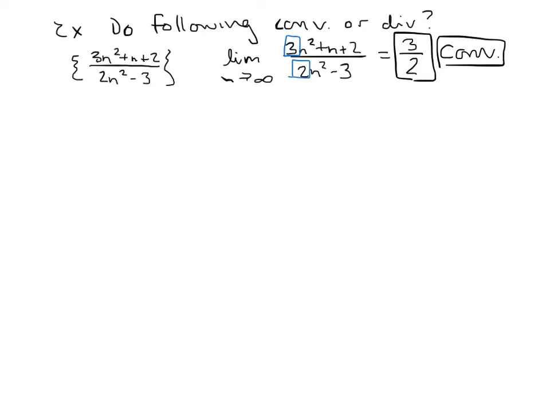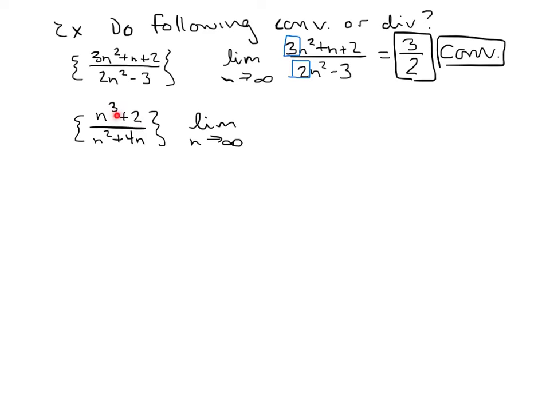Let's do another one. Let's look at n cubed plus 2 all over n squared plus 4n. If we take a limit as n goes to infinity on this one, notice that the powers are not the same.